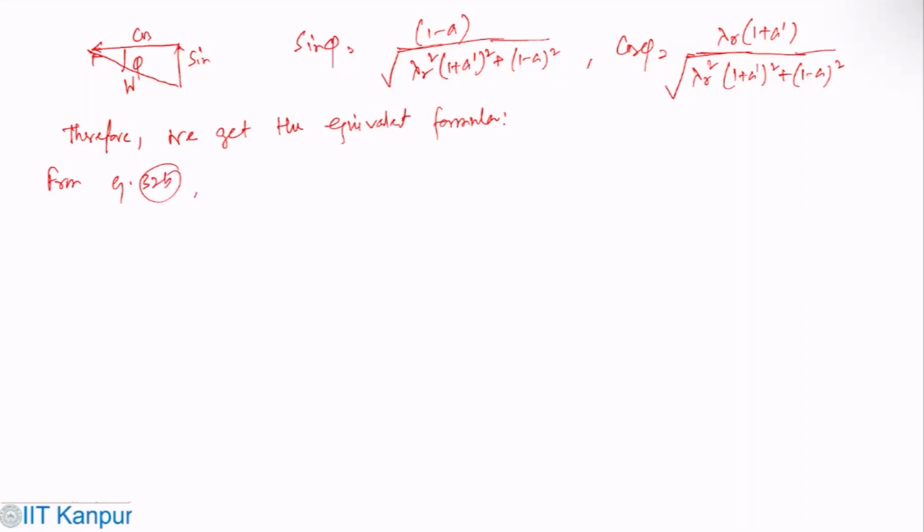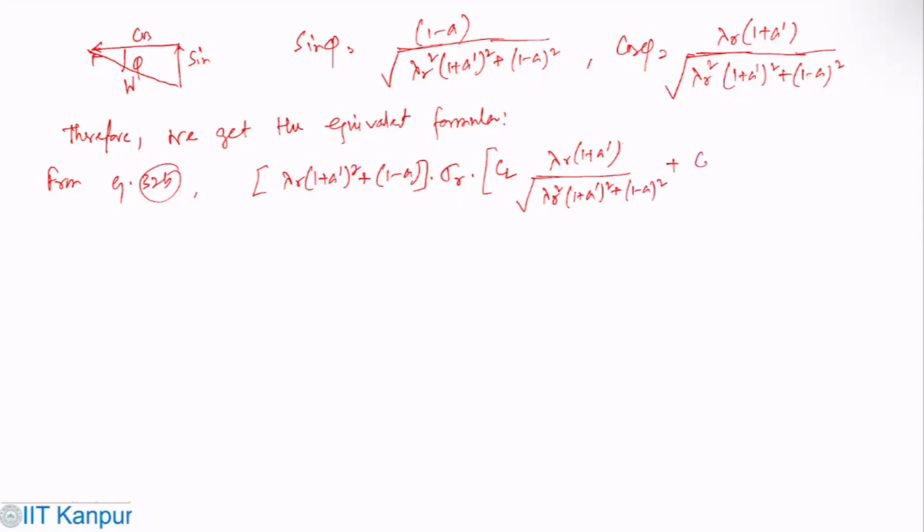What we get is lambda r 1 plus a prime square plus 1 minus a square into sigma r into CL into lambda r 1 plus a prime over root of lambda r square 1 plus a prime square plus 1 minus a square, plus CD into 1 minus a over root of lambda r square 1 plus a prime square plus 1 minus a square, equals 4a into 1 minus a.